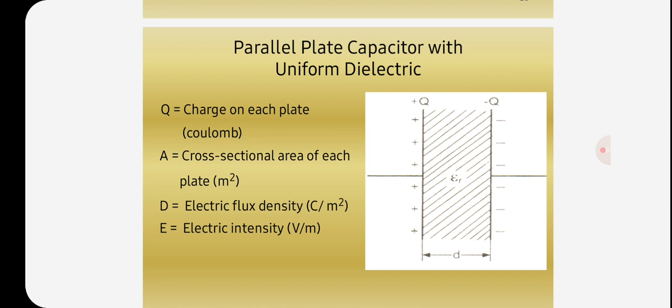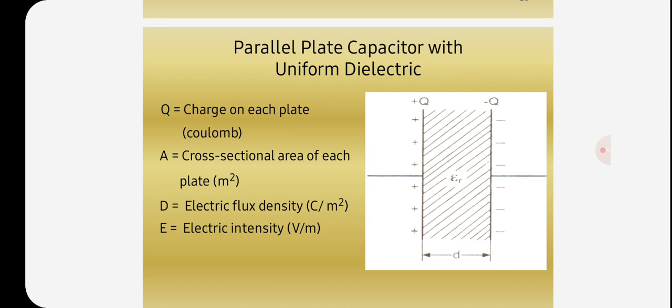If a potential difference of V volts is applied across the plates, then a charge of plus Q and minus Q coulombs is induced on plates A and B respectively. Let E and D be the electric intensity and flux density between the plates.